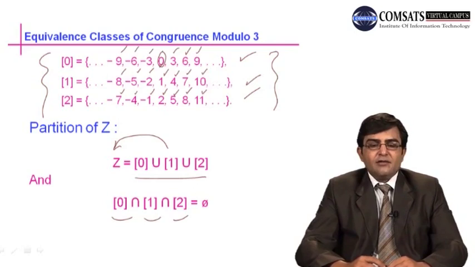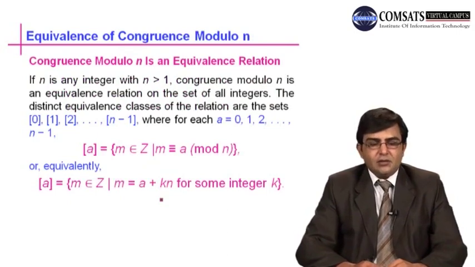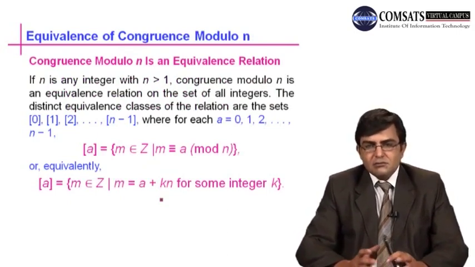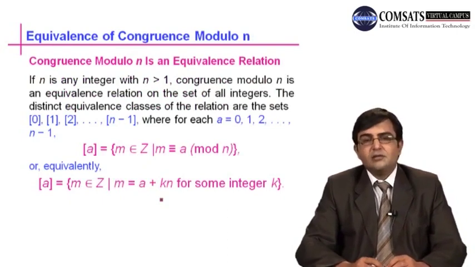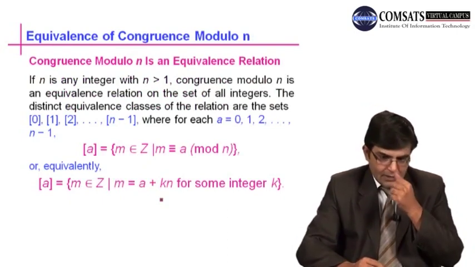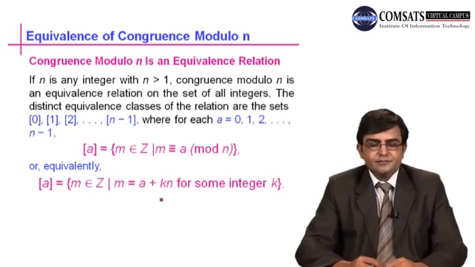So here we have considered a particular case of the congruence modulo 3 relation. Now we are going to define the equivalence classes of the congruence modulo n relation, which is a more general case.